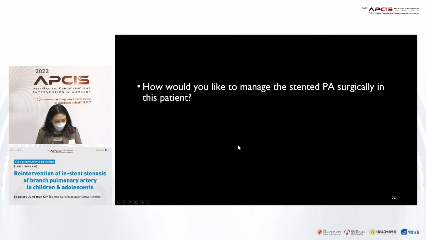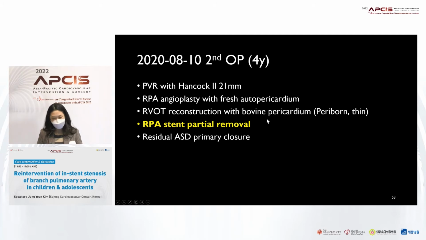In the past, we had a lot of discussion about this. So we underwent pulmonary angioplasty in a different way: stent partial removal with angioplasty using fresh autopericardium.